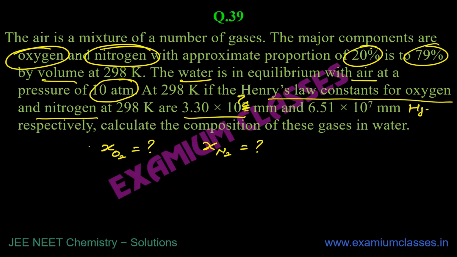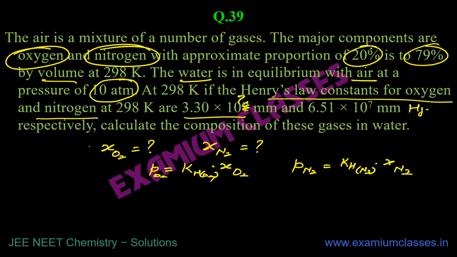So Henry's law constant is P equals KH X. So it means PO2 will be KH of O2 XO2. And PN2 will be equal to KH of N2 XN2. Isn't it?